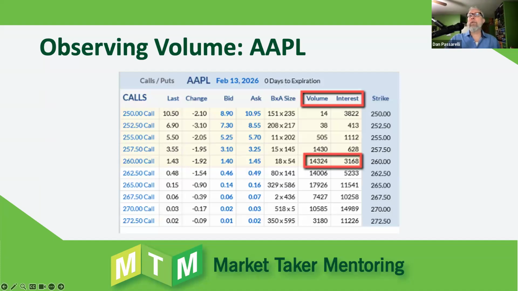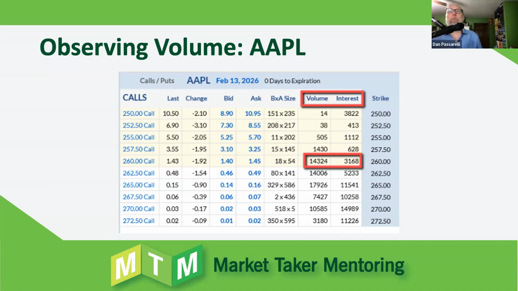Let's say we're looking at volume in Apple here. 14,324 contracts traded. Now, incidentally, in the 262.5 calls, about the same number traded, 14,000 something.